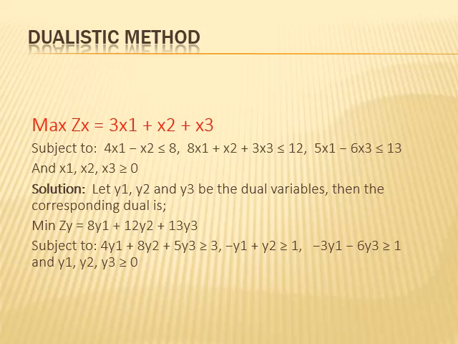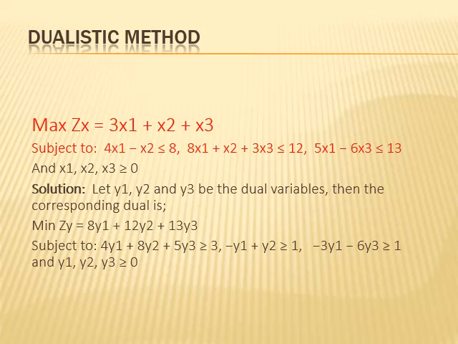Subject to: this LPP has 3 constraints: x1 negative x2 less or equal 8, 8x1 plus x2 plus 3x3 more or equal 12, 5x1 negative 6x3 less or equal 13.